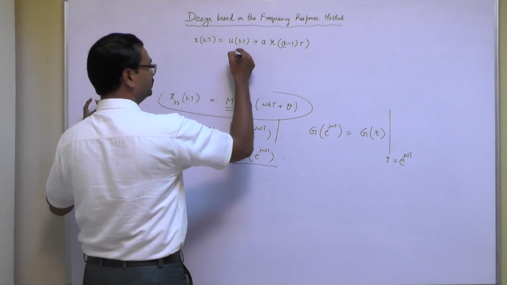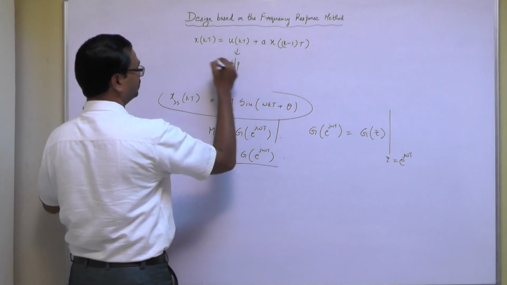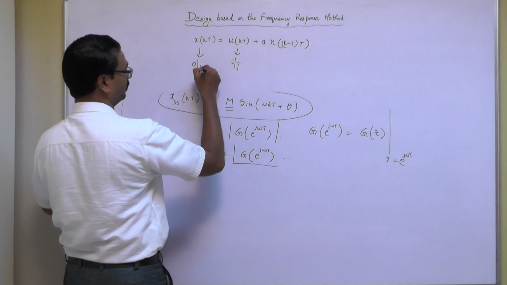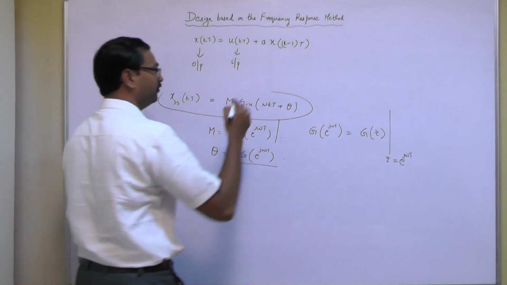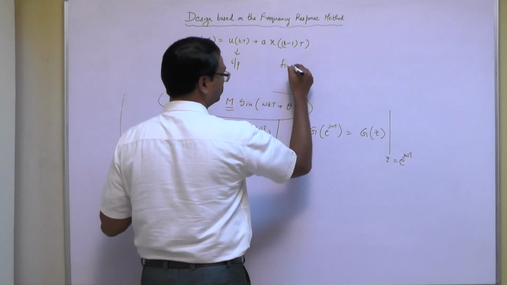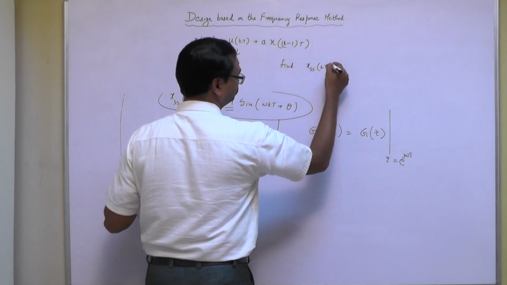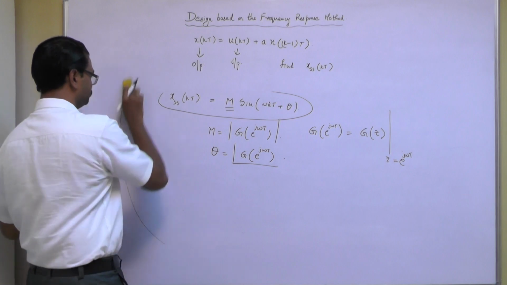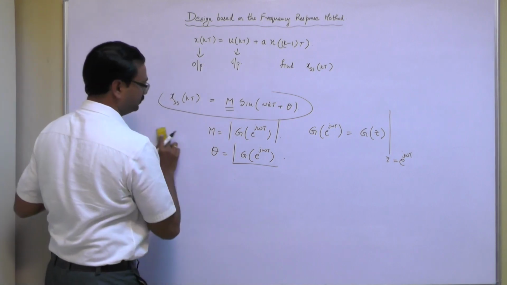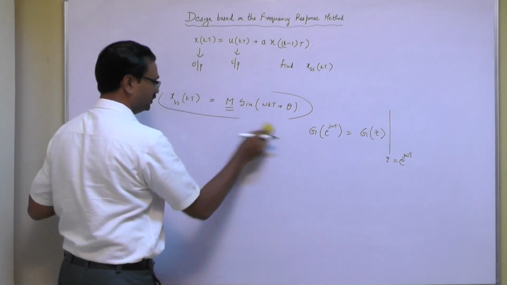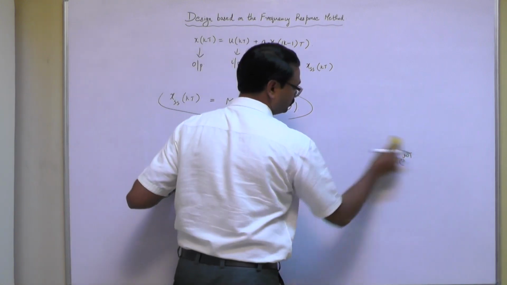U of kt is our input signal, x of kt is our output signal. Find xss of kt, that is what we require here.